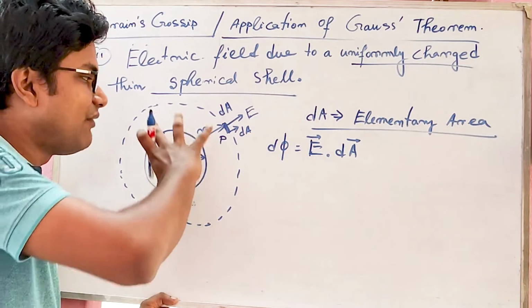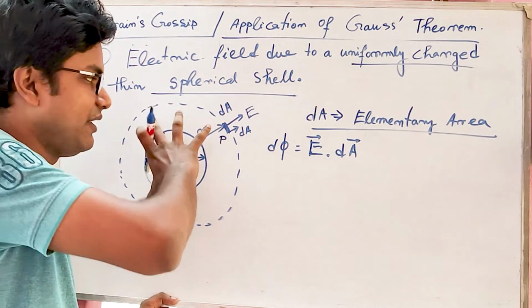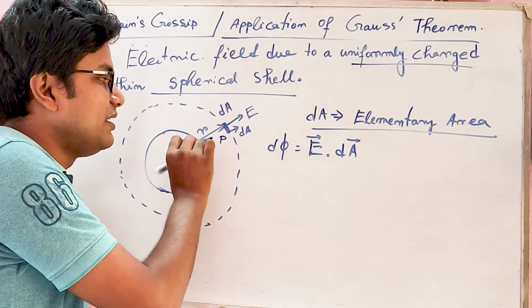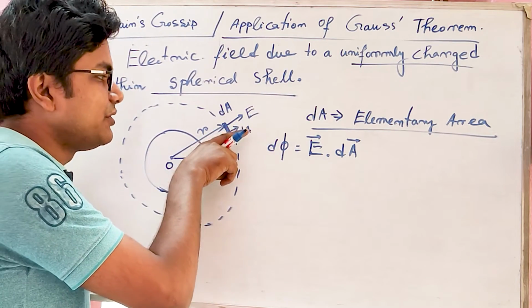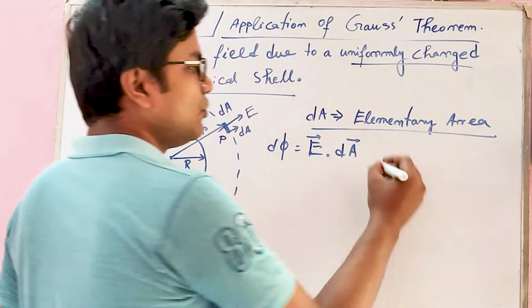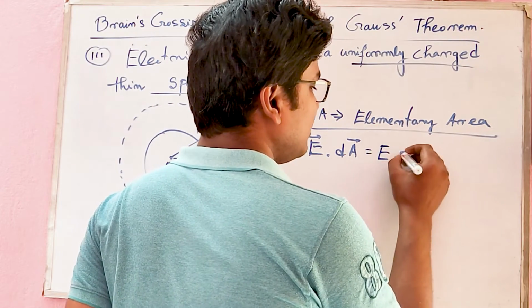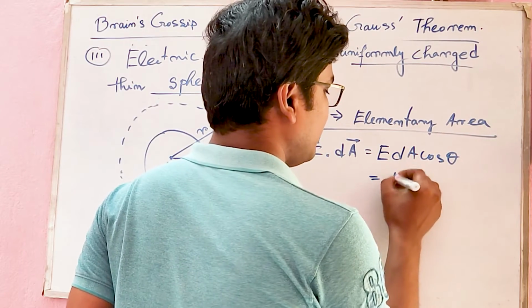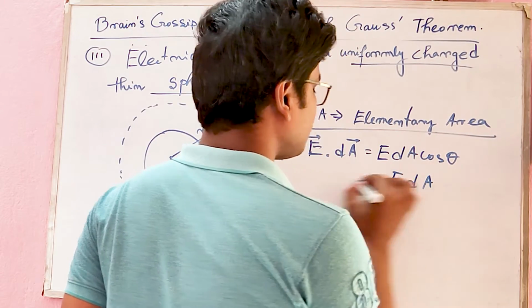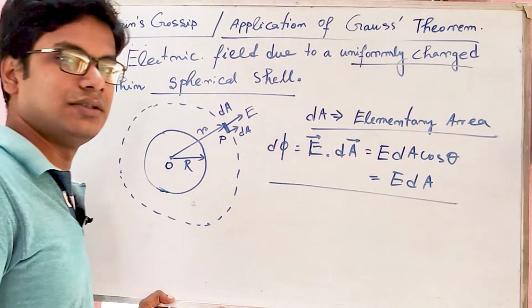Electric field has a radial distribution, that is spherical distribution, so electric field is radially outward, and the area vector is also radially outward. So we can write E dA cos theta, so we can write E dA, that is equal to d phi.